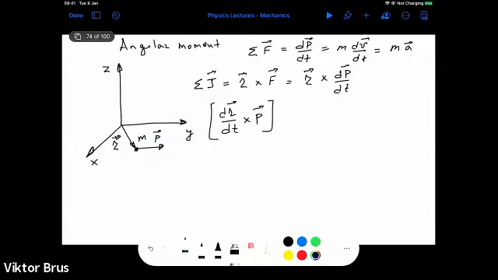We can add it just to the right side. Why? Because this vector product is equal to 0. Do you see why this vector product is equal to 0?